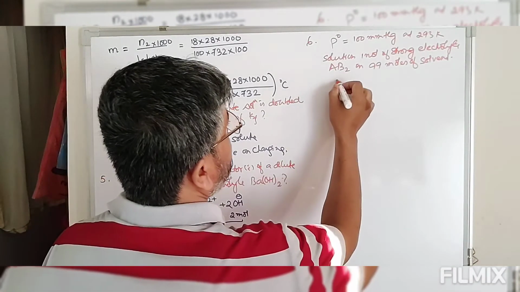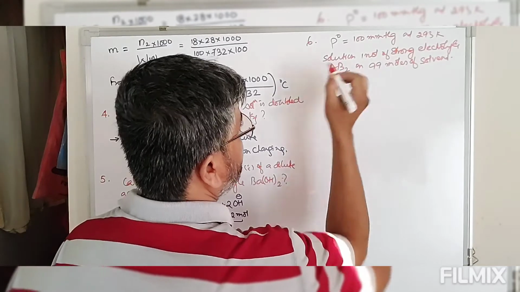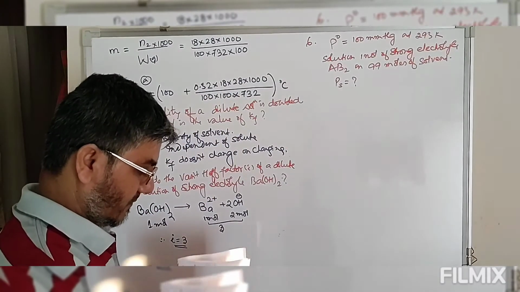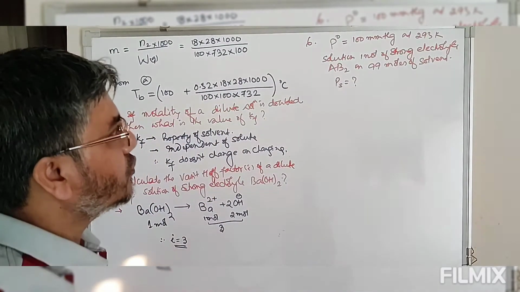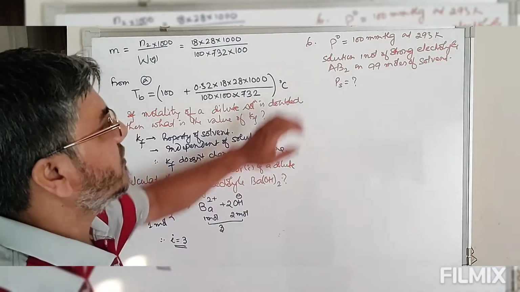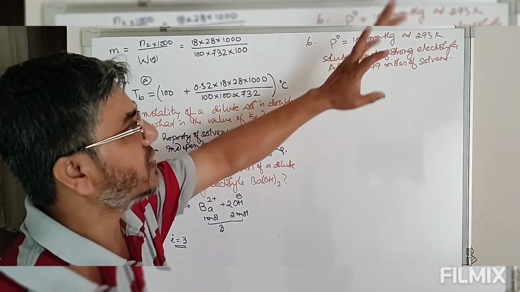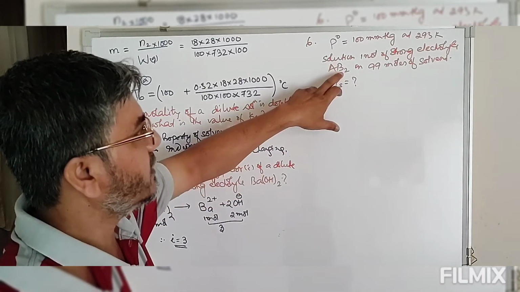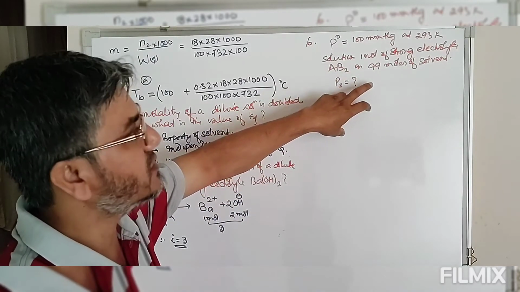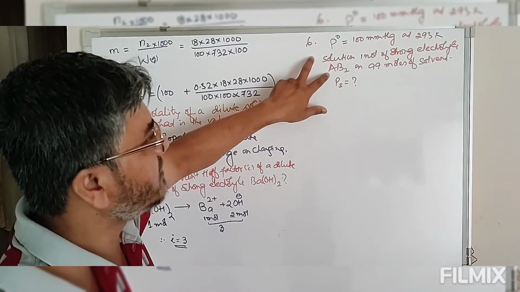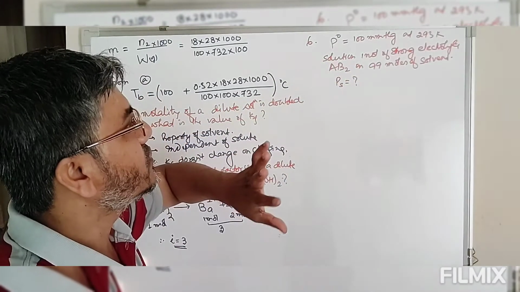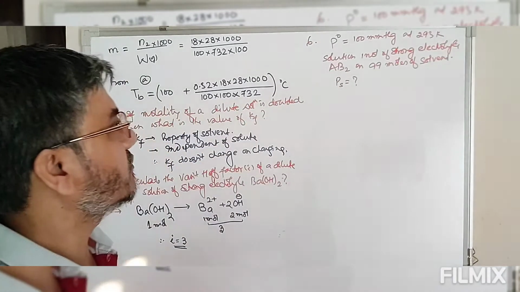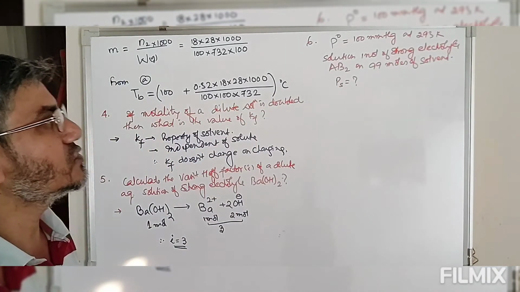Then the question says, what is the vapor pressure of solution? So we have a pure solvent whose vapor pressure at 293 Kelvin is 100 millimeter mercury, and 1 mole of AB2 is present in 99 moles of solvent.